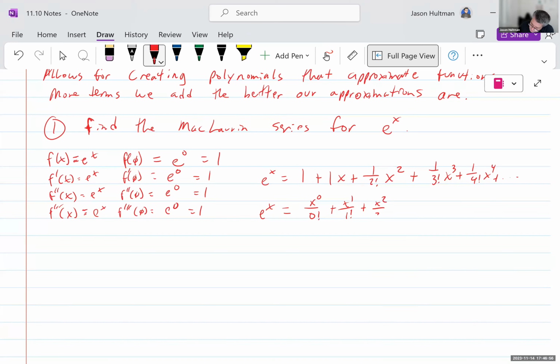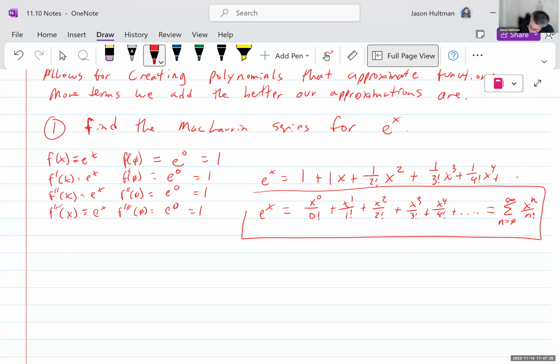This is x squared over 2 factorial plus x cubed over 3 factorial plus x to the 4 over 4 factorial plus dot, dot, dot, which is equal to the sum as n equals 0 to infinity of what? Of x to the n over n factorial. So we wrote that as a Maclaurin series. That's a power series for e to the x. Well, that's kind of cool.